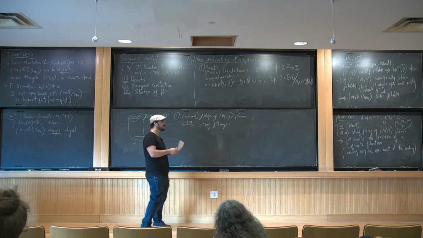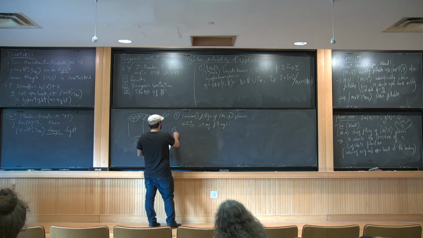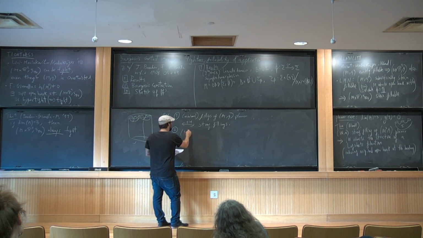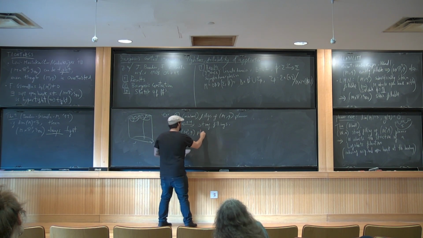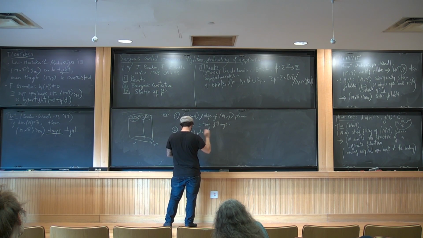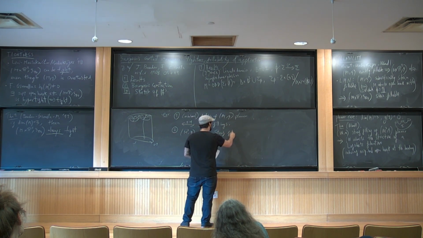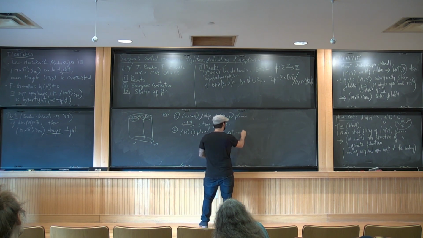so of course you would expect some sort of minimality condition. And the second part of the corollary is that if you take a planar 3-manifold, then strong fillability is equivalent to Stein fillability.